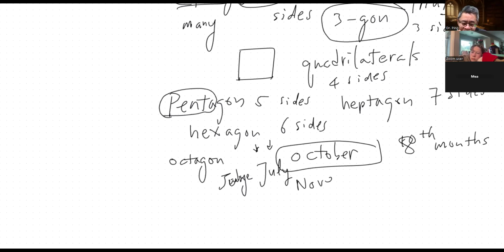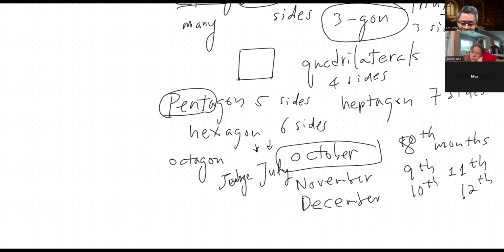November should be the 9th month, but now it's the 11th. And December should be the 10th month, but now it's 12. All because the Romans sneaked in two months, one for Julius Caesar and one for Augustus Caesar. That's why we see that kind of off in our calendar.